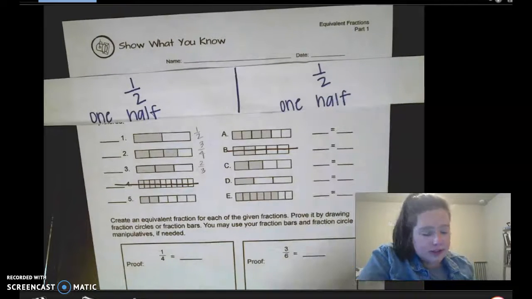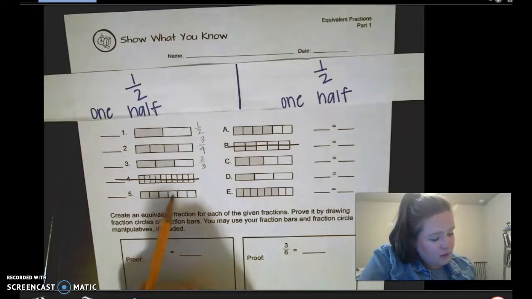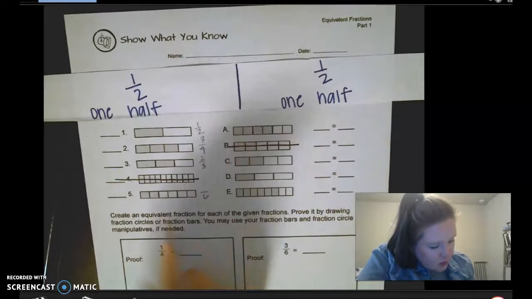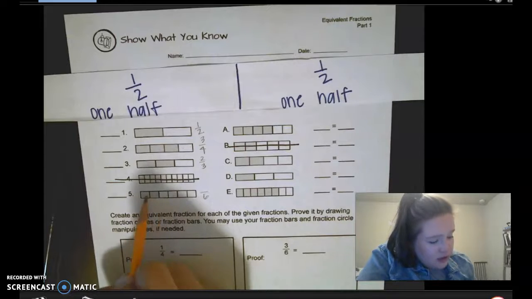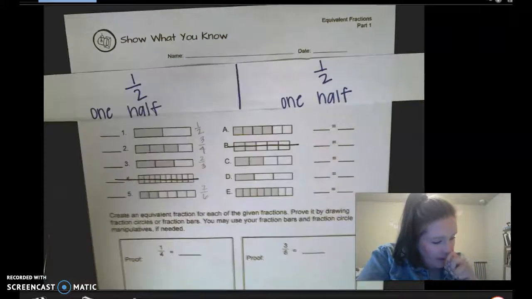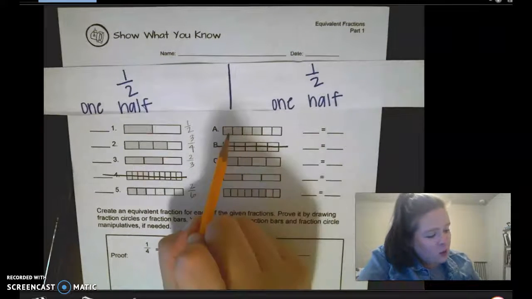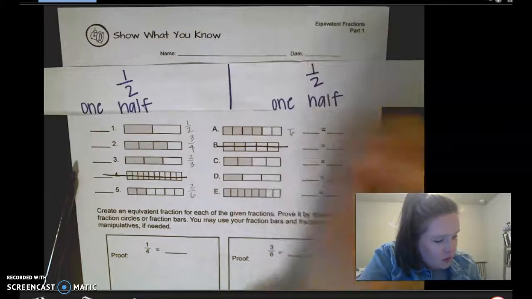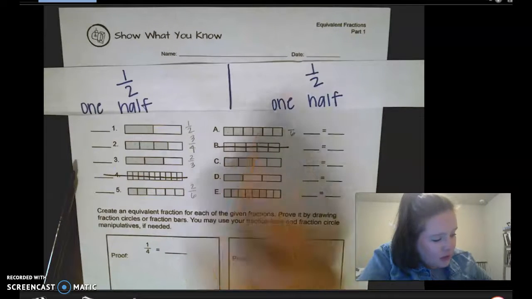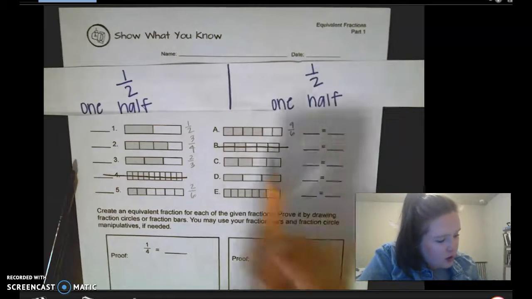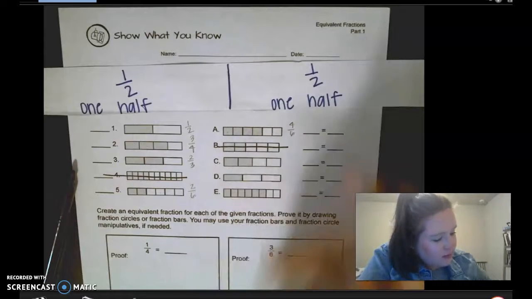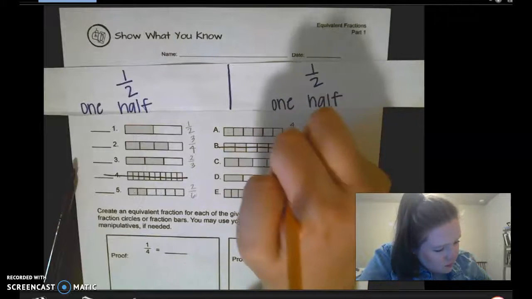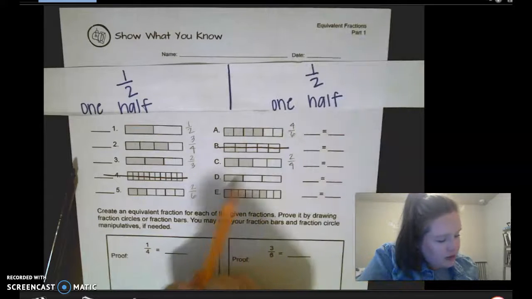That's 2/3. 1, 2, 3, 4, 5, 6. 1, 2, 3, 4. 1, 2. 1, 2, 3.